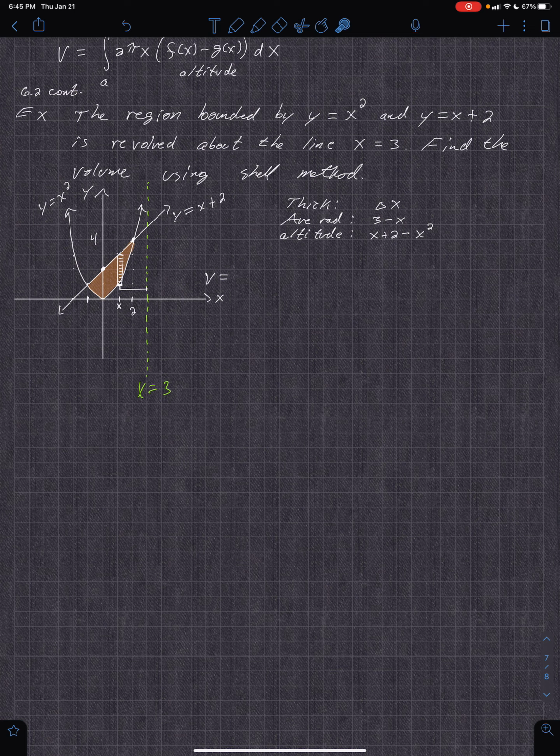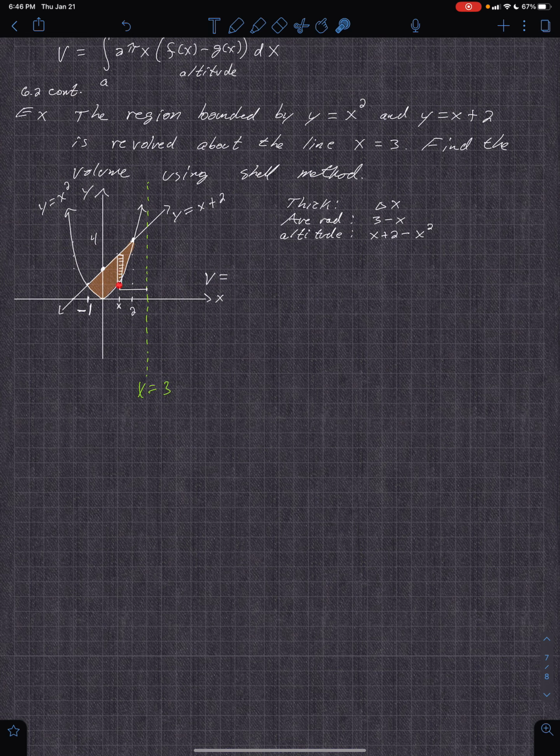Oh, I'm sorry, -1. If x is -1, y is 1. You can just test it real quick. So -1 does work algebraically, not just graphically. All right, so we're going to integrate from -1 to 2 all the way across.